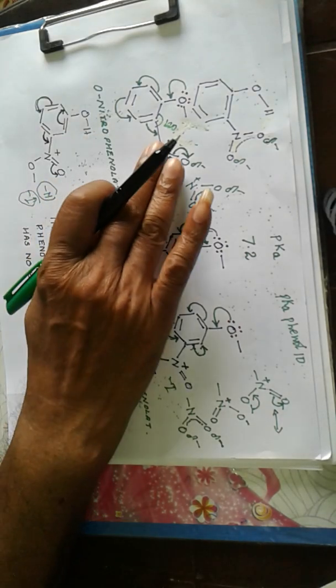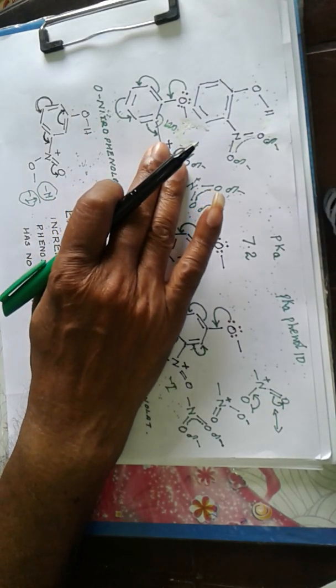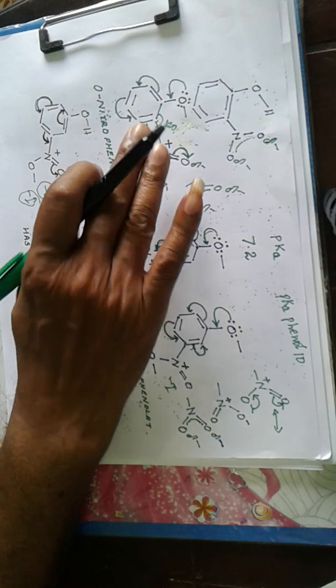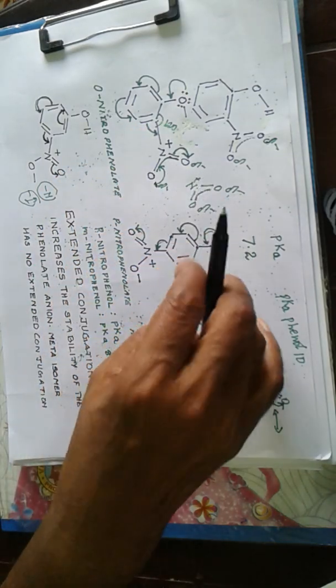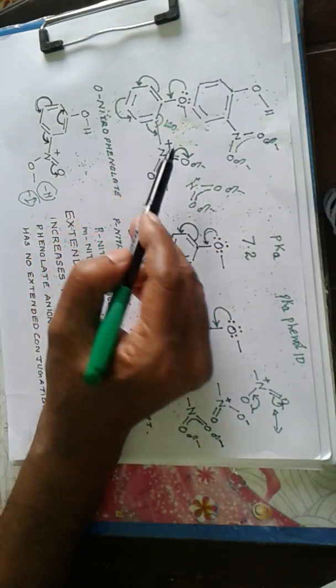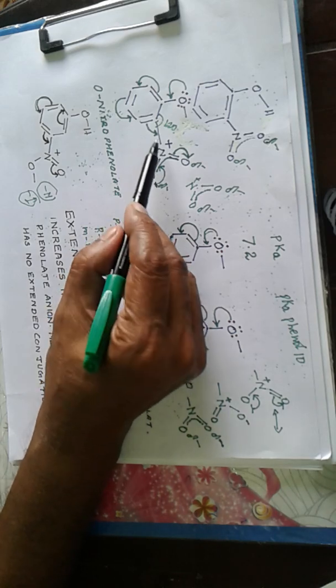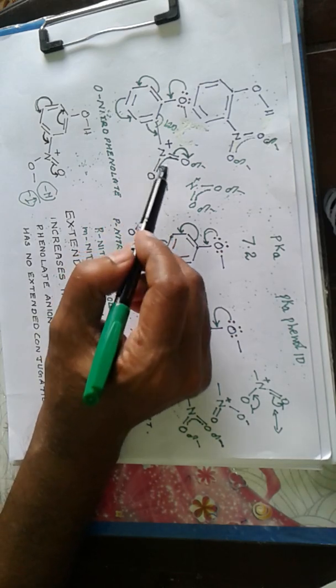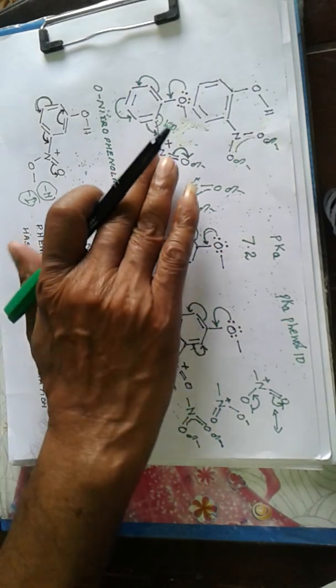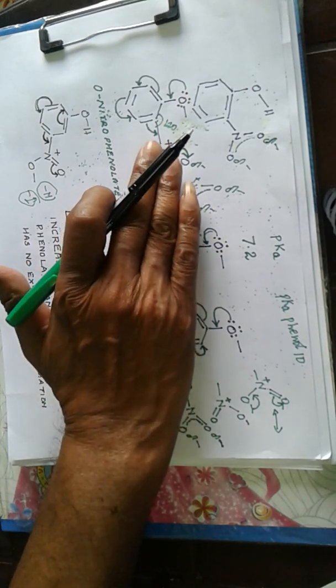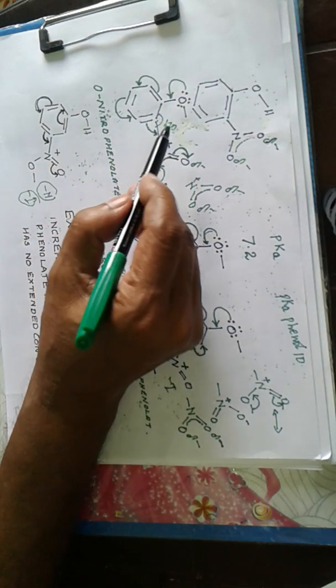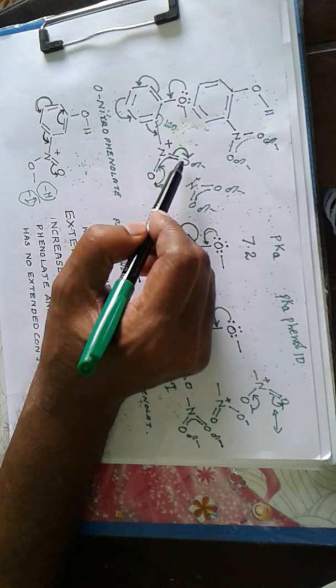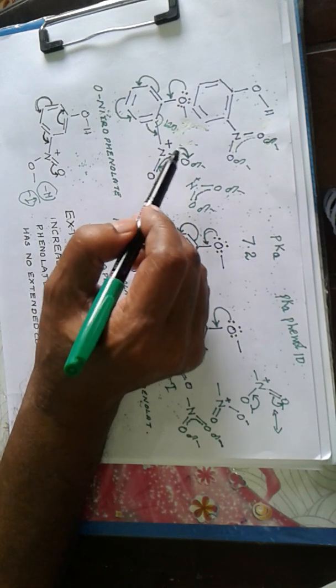So this partially negative oxygen and this partially negative oxygen can come closer to this oxygen, so that there is repulsion between these negative charges, and so this nitro group will slightly turn out of plane with the benzene ring. So now the benzene ring and the nitro group are lying in the same plane on the paper, but this nitro group will slightly turn like this, so that the repulsion between the oxygen atoms is avoided.